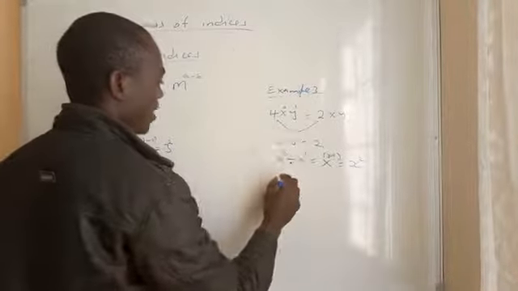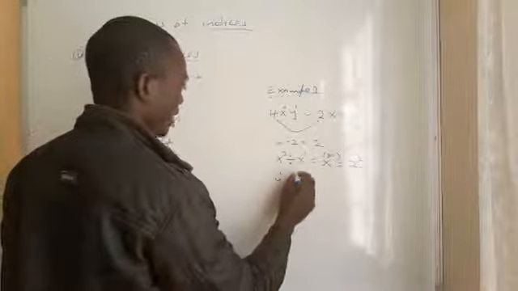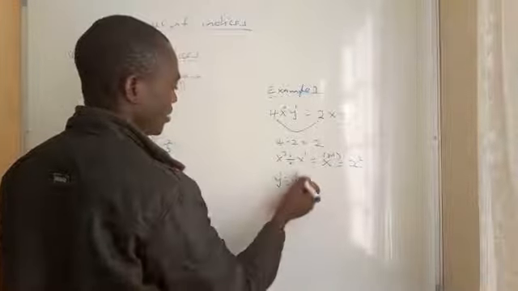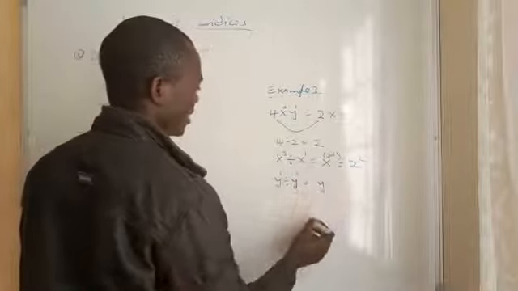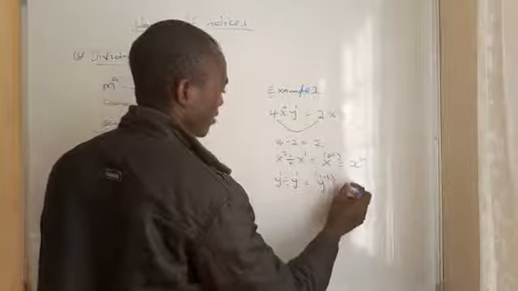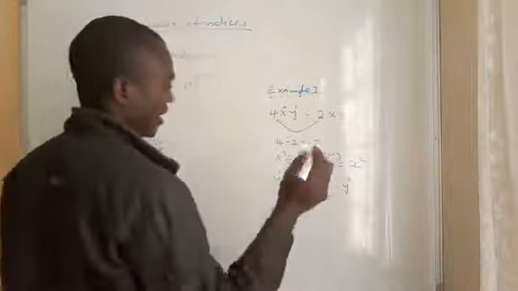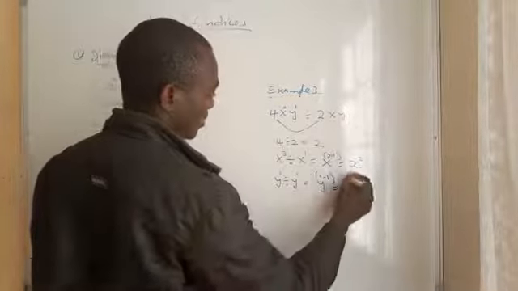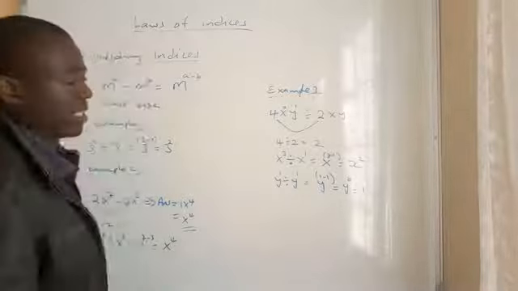I have my y power 1. I divide by what? y. That means also y power 1. So the bases are the same. What do I do to the power? I subtract. That is 1 minus 1, that is y power 0. I will tell you in a later class that any number raised to power 0, the answer is 1.